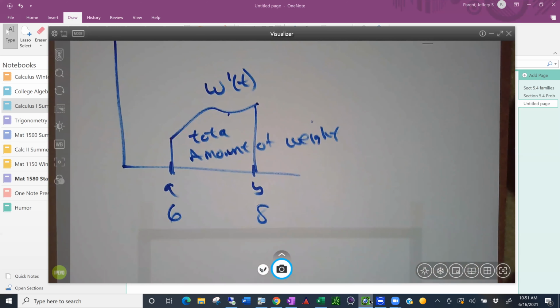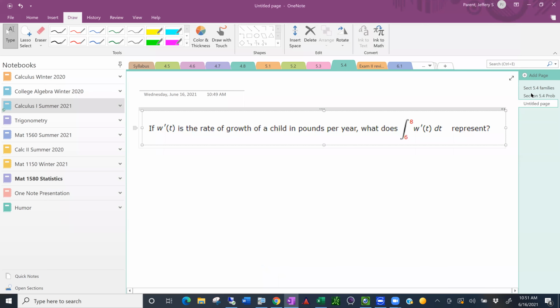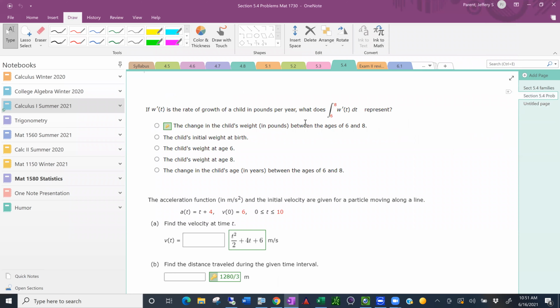So it's how much weight did the person put on between ages 6 and 8. So we look back at this: the change in the child's weight in pounds between the ages of 6 and 8. I guess I said weight gain. I'm assuming that the child would be gaining weight. I hope they would, between 6 and 8.